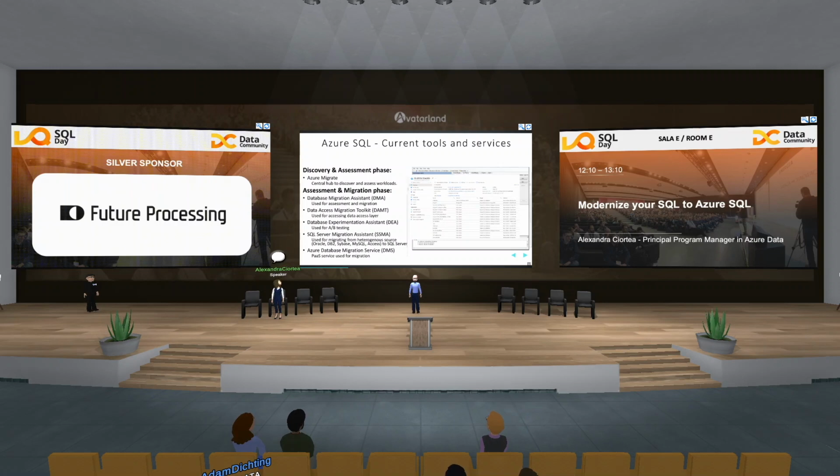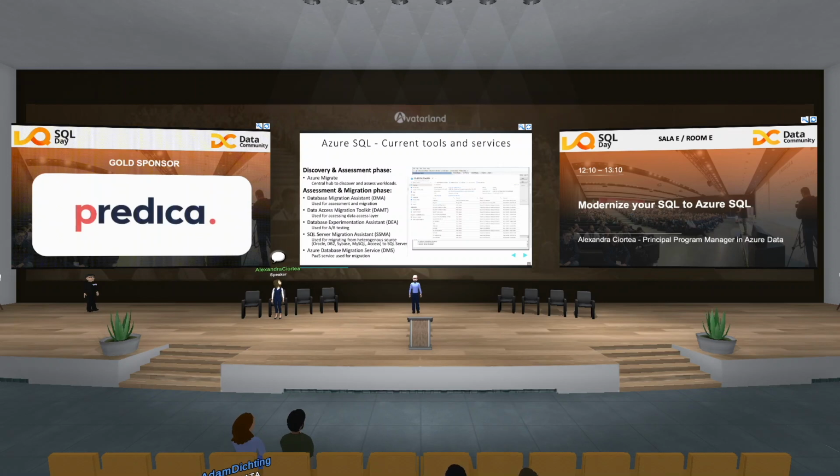So we looked at all the rule sets that we had implemented before in DMA and tried to get the ones which are really relevant and have them in more relevant categories, like migration blockers or warnings and things that you need to look at because they are changing the behavior. And the data that is collected by Azure Migrate using the appliance is also processed by this rule set, generating the compatibility with Azure SQL DB or SQL MI.